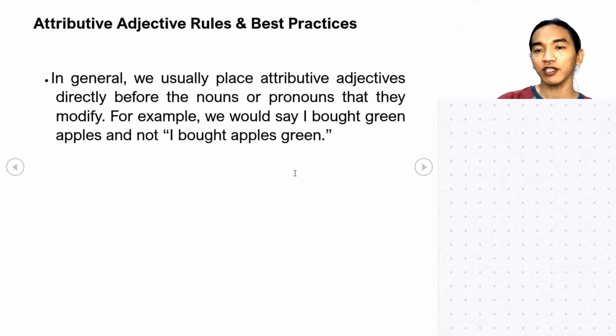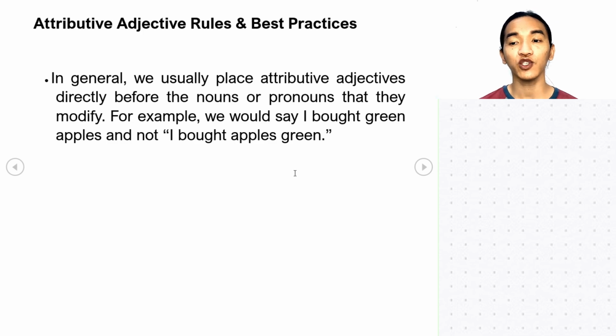Okay, so attributive adjective rules and best practices. We have some rules that we have to consider here. In general, we usually place attributive adjectives directly before the nouns or pronouns they modify. So for example, we would say I bought green apples, not I bought apples green. Okay, that's a general rule.